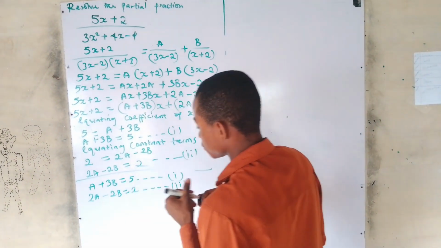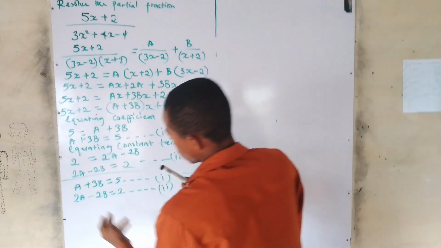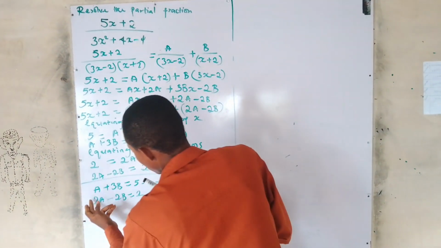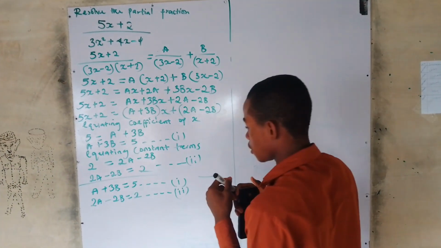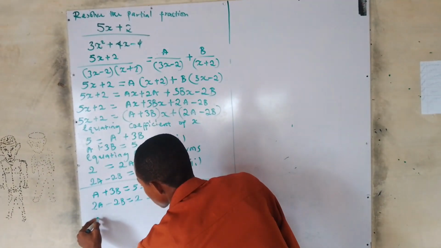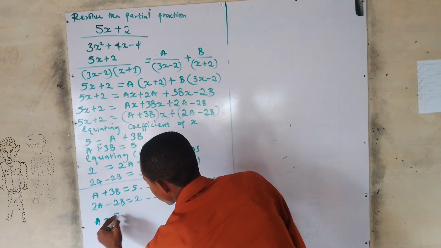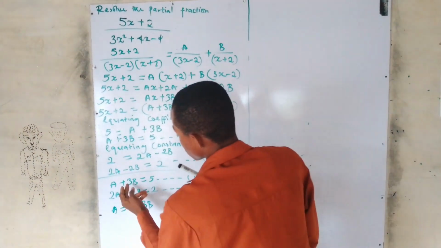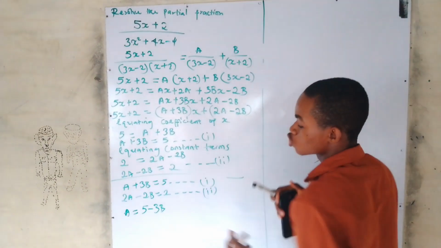Here I'll choose to use the substitution method, I think that will be a bit faster. Let's use equation 1 to substitute. Let's find A in equation 1. From equation 1 we'll have that A is equal to 5 minus 3B.